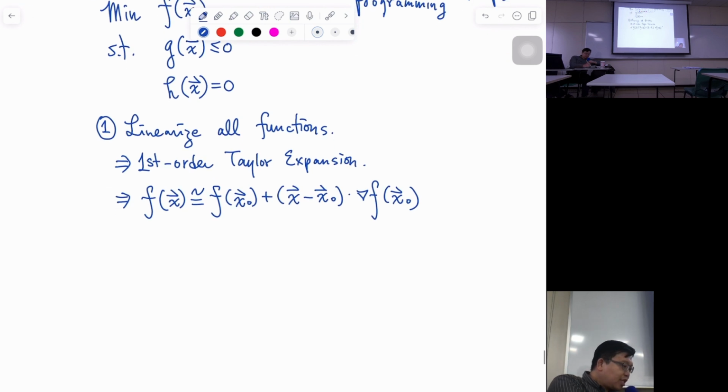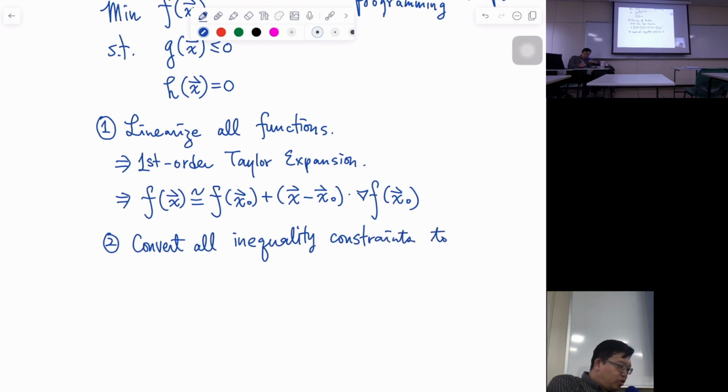Okay? So, the second thing is, linear programming doesn't handle inequality constraints. We need to convert all inequality constraints to equality ones.